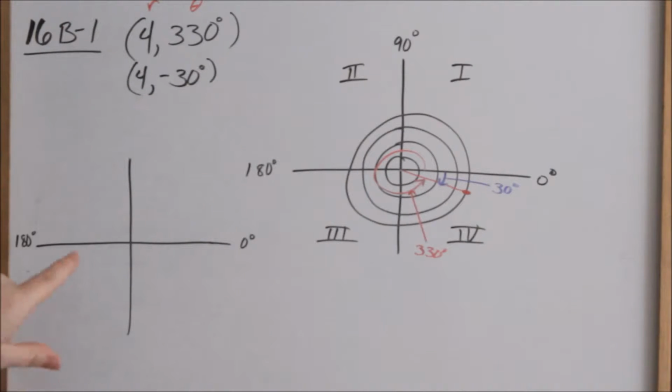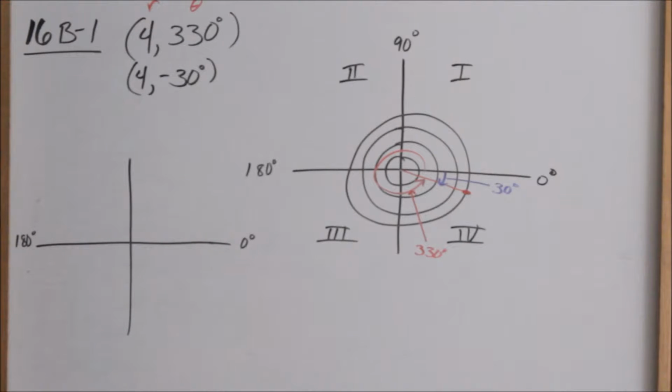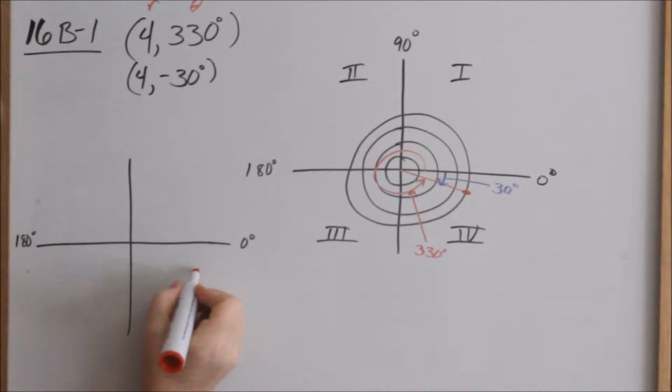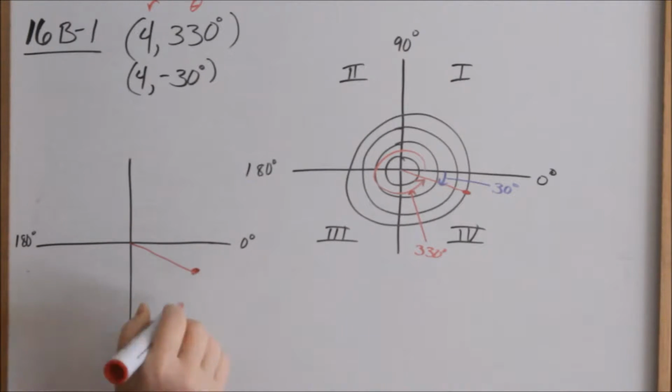Well, I'm going to come over here without my circle rings, so it's not so cluttered. So here's what I have so far. I've got this point that's about right here, and that's out 4 radius, 4 units for a radius, okay?